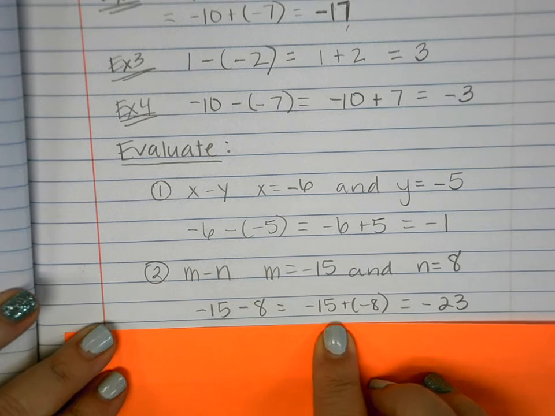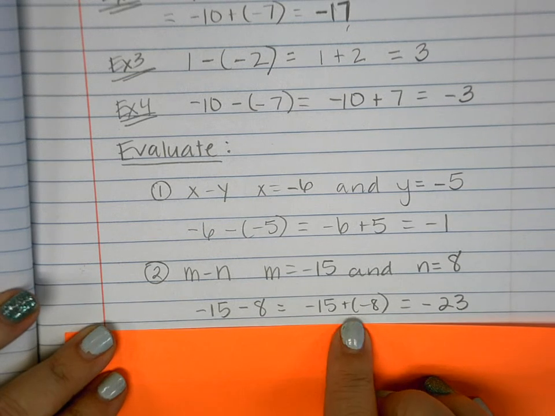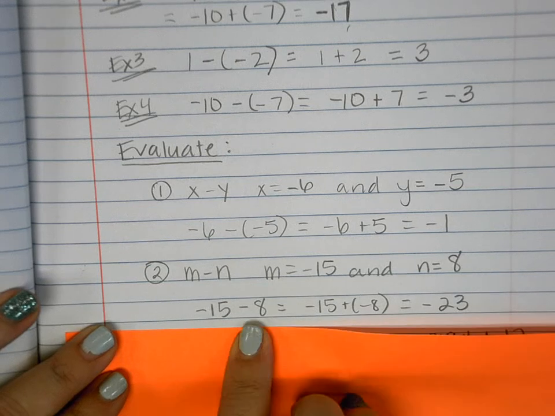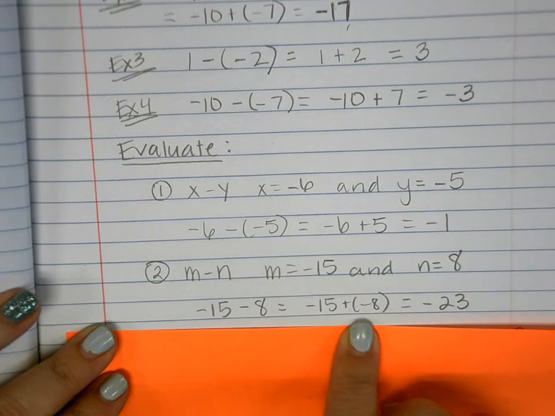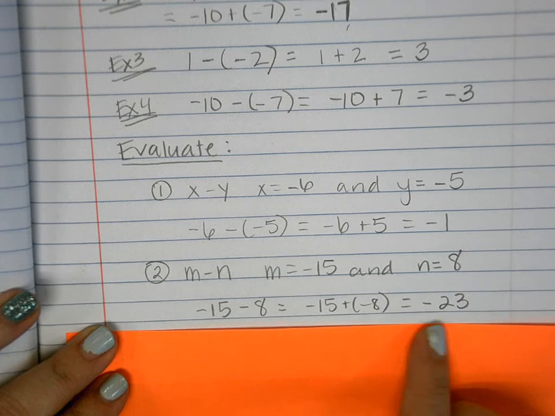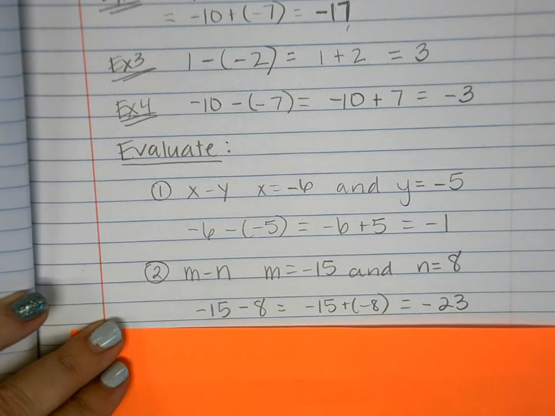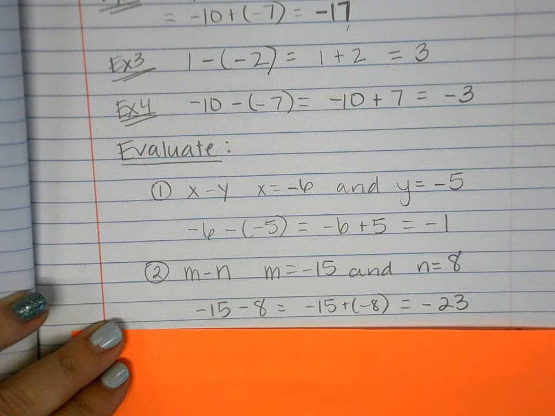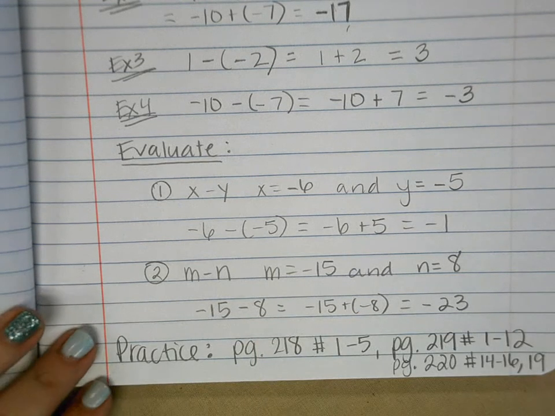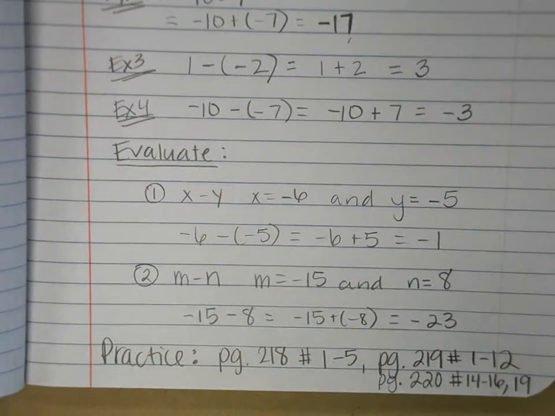You can change it if you want to realize that you're adding them together. You can put the plus sign in. You don't have to. If you see this already as adding them together, then don't do that. And you get negative 23. Any questions?